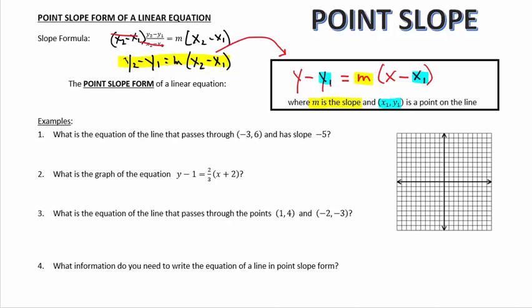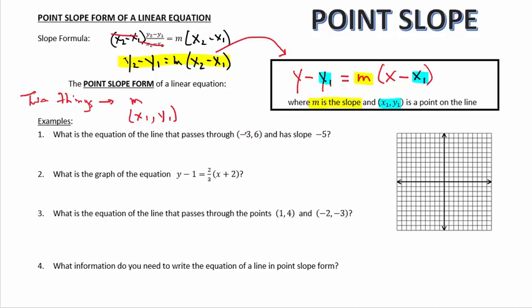Example 1 says, what's the equation of the line that passes through negative 3, 6 and has a slope of negative 5? We need two things to be able to write the equation of a line in point-slope form: the slope and a point.